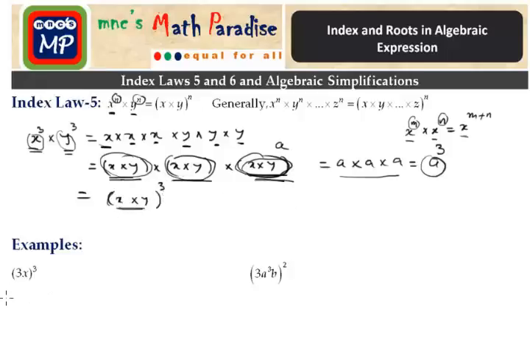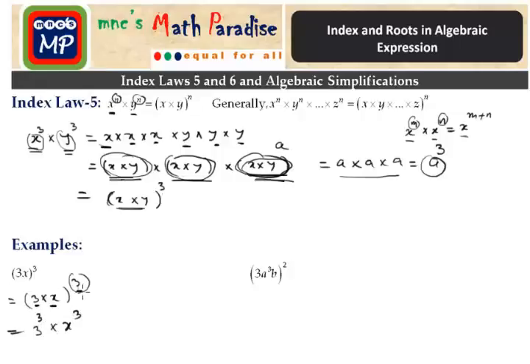So for example, in this first example, 3x to the power 3. So 3x is actually 3 times x, to the power 3. Here we have two different bases, one is 3 and one is x. The common power is 3. Then using this formula, we can distribute this same power on both these bases. So it will be 3 to the power 3 times x to the power 3.